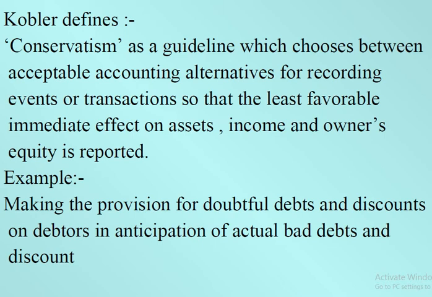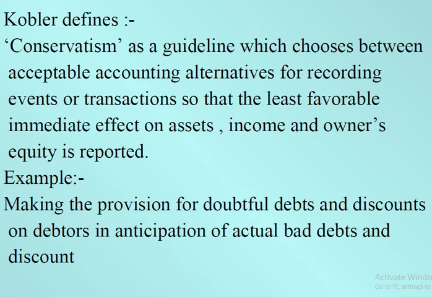Kohler defines conservatism as a guideline which chooses between acceptable accounting alternatives, meaning different choices, for recording events or transactions. Events are the economic events, and transactions are the financial transactions, which we have gone through in detail in the previous lectures.